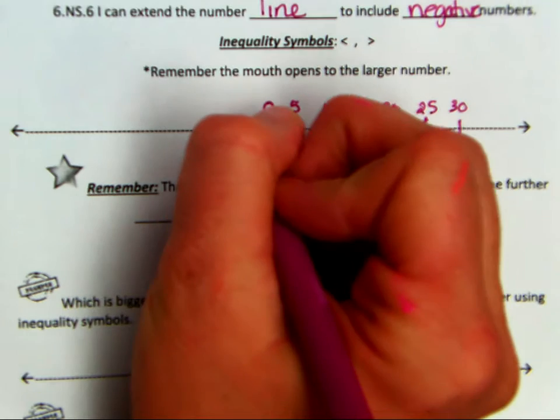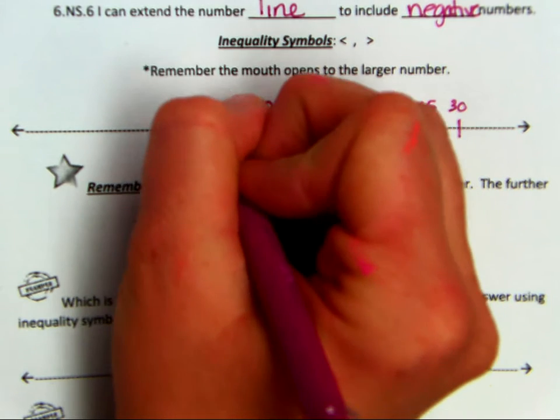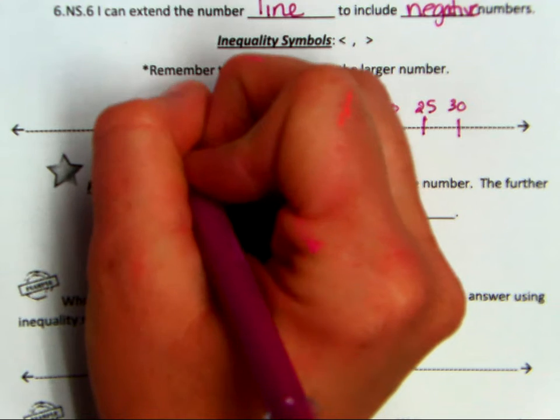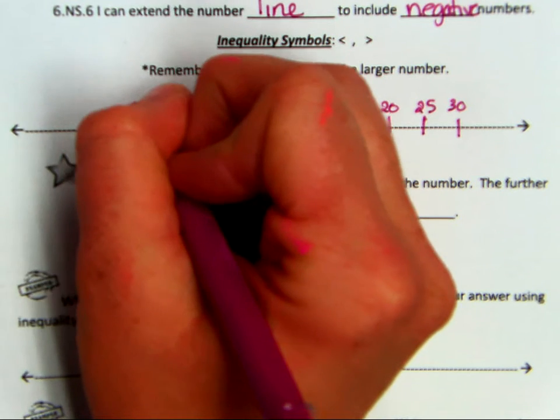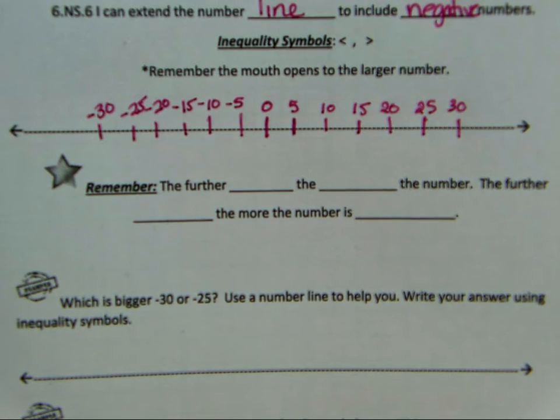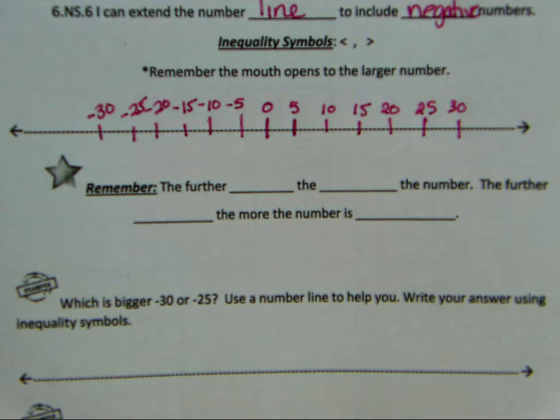And then over here, I'm going to have -5, -10, -15, -20, -25, and -30. Okay, I'm going to use this number line to help me with the process that I'm going to do.